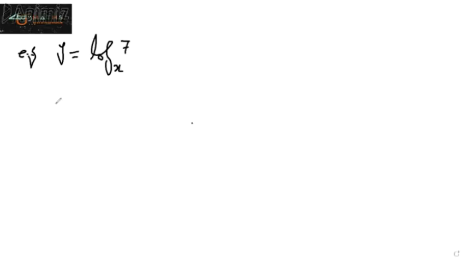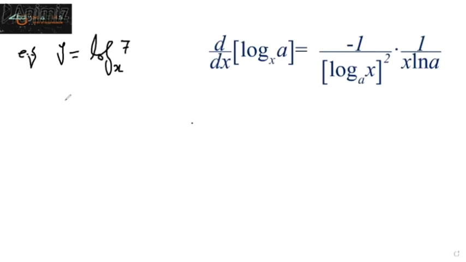Let us consider this example. By using the derivative of log of constant to the base x, we can easily find the derivative of this function. That is, we have just derived the relation for such type of function in which we have a logarithm in which x is the variable. Applying the derivative to both sides, this will give the derivative of log of 7 to the base x.